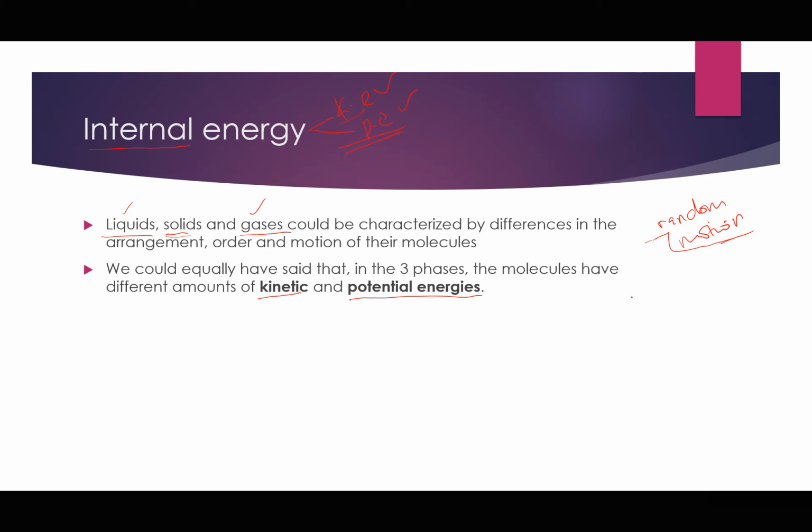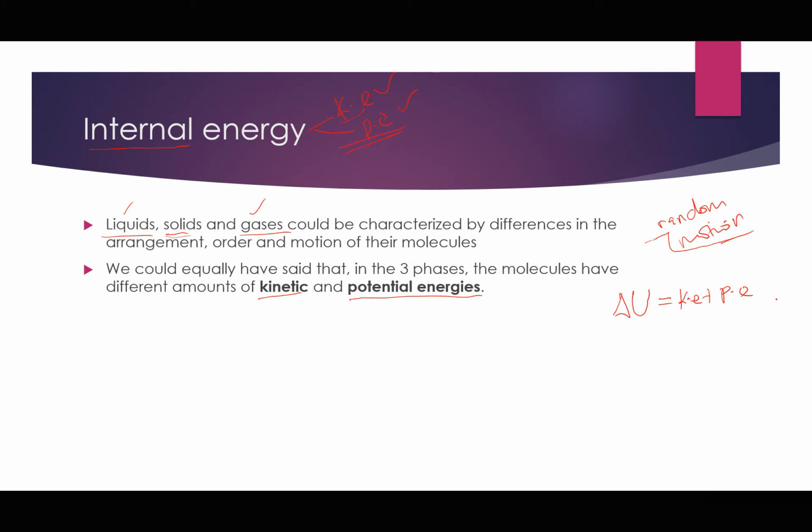When I talk about internal energy, many times you'll use letter U, or sometimes delta U, for internal energy. I am actually referring to the sum of the kinetic energy plus the potential energies of all the molecules which make up the system in their random motion.